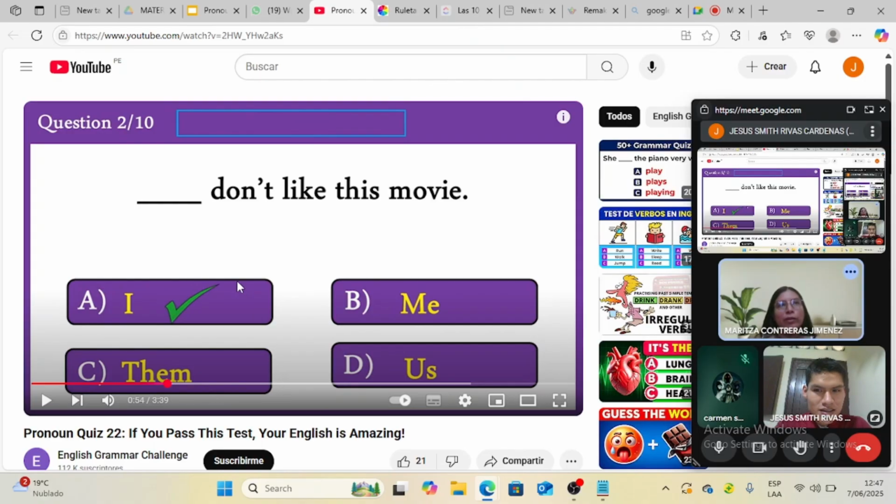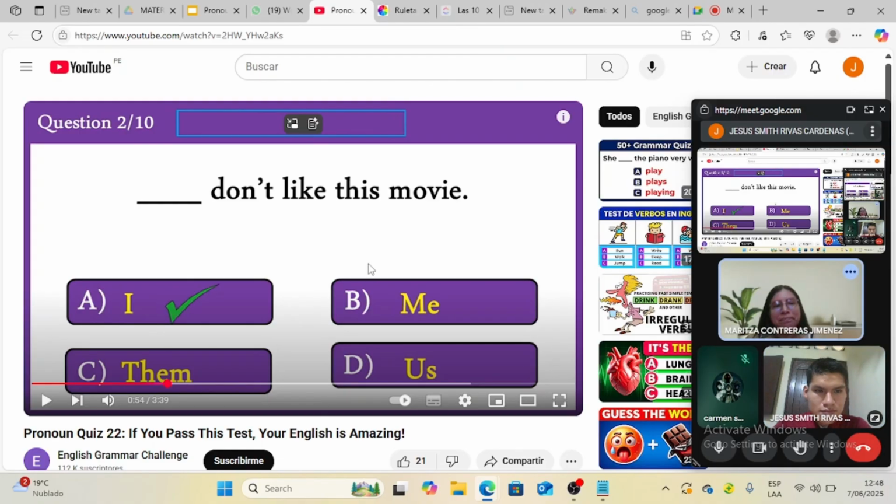So to say a sentence, I need to use this subject pronoun. Okay, but why don't we use me, if it also refers to a first person here? Because it doesn't make sense to the sentence.